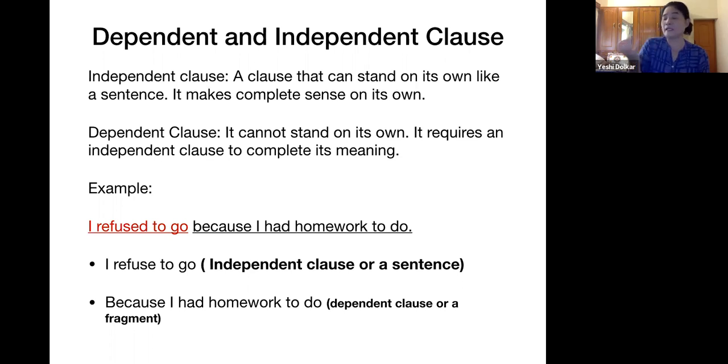It can stand like a sentence on its own. It's independent. The meaning does not depend upon another clause. So this is why it's called an independent clause, and it is a sentence on its own.